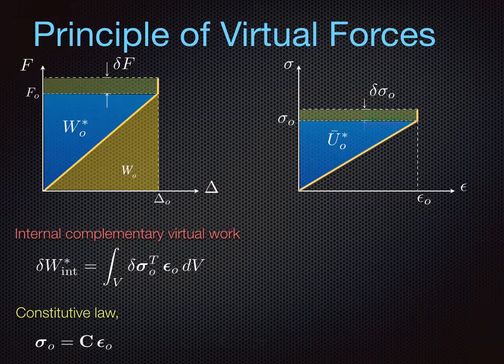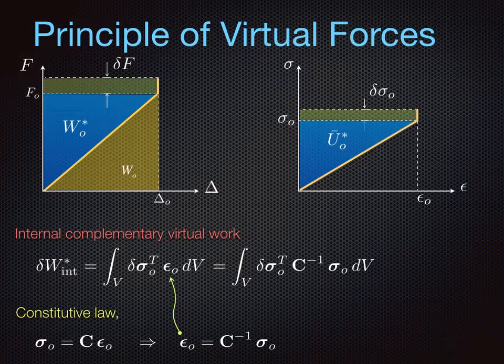We can restate that constitutive law by inverting the material stiffness, and we would make that substitution for the strain into the integral we have above, and we can write it in this particular format where the internal complementary virtual work can be computed using the stress in equilibrium, which is sigma sub 0, and the arbitrary perturbation to that stress, del sigma 0, only.